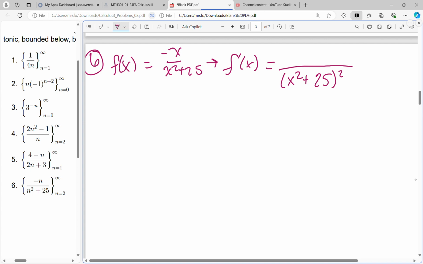Low is x squared plus 25 times the derivative. The derivative of negative x is negative 1. So that's going to become negative x squared minus 25 minus high d low, which would be the negative x times 2x. So negative x times 2x is negative 2x squared.